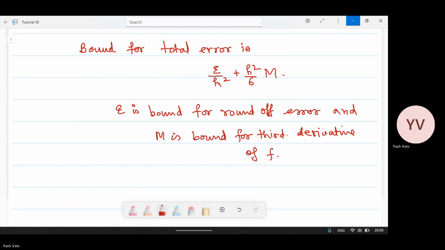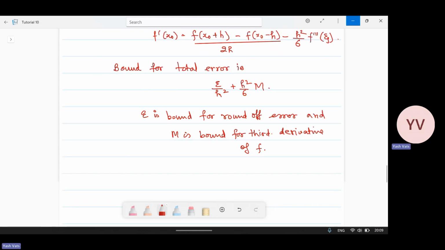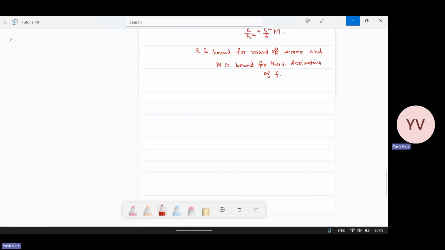The bound for total error is... So we just need to use this. Maybe we can try this.